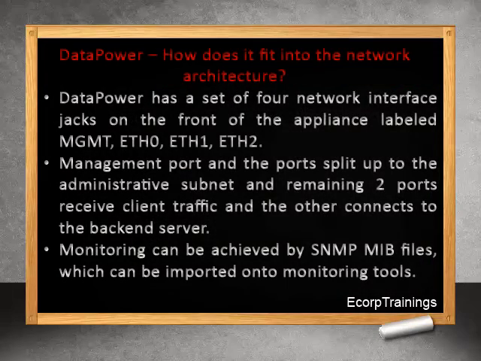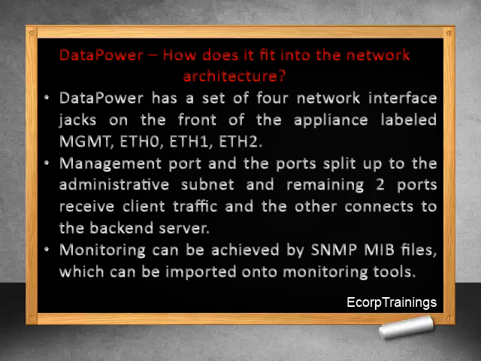How do DataPower SOA appliances fit into the network architecture? DataPower has a set of 4 network interface jacks on the front of the appliance labeled MGMT, Ethernet 0, Ethernet 1, and Ethernet 2. The management port is split off to the administrative subnet, and of the remaining ports, one receives client traffic and the other connects to the back-end server.